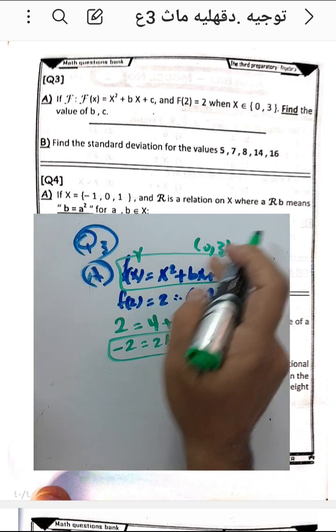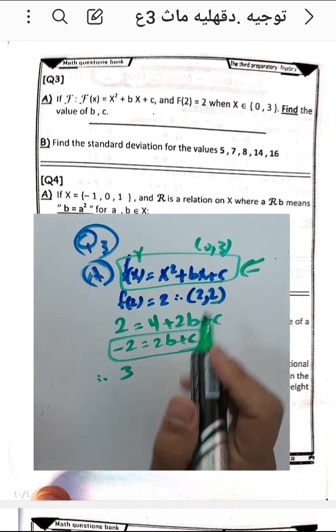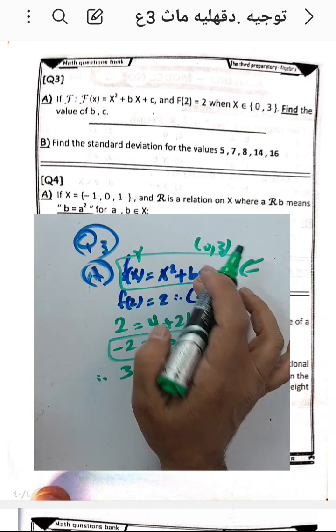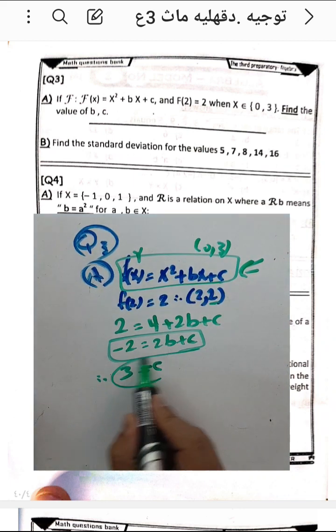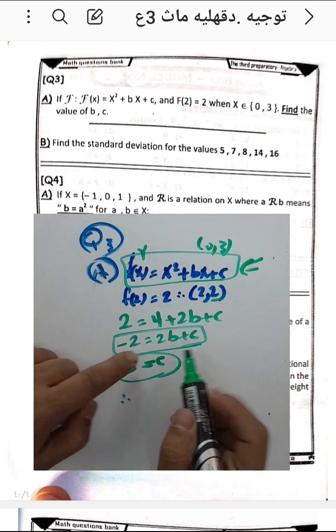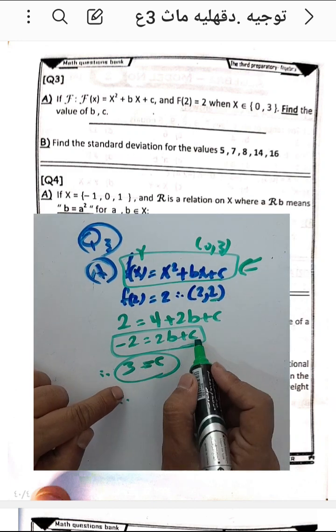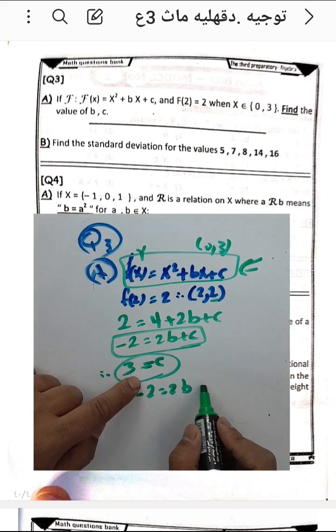Put y equal 3 and x equal 0: 0 plus constant, then the constant here will be c. Then you can find the value of b: c equals 3 here, then negative 2 equals 2b, and c, write 3 here.